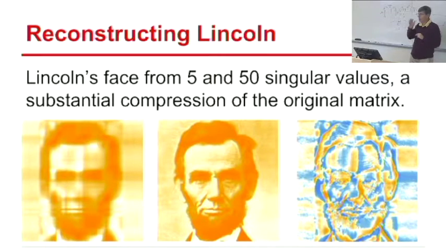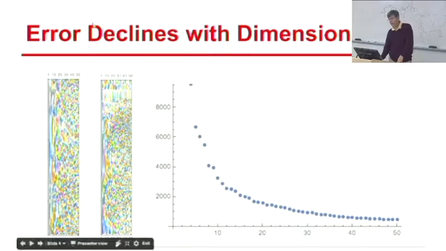And are we scaling down the number of rows as well? Rows and columns. The approximation that we're getting is this. Remember, originally it would be a 512 by 512 matrix. If we're keeping 50 singular values, there's 50 values from the U matrix and 50 values from the V matrix.